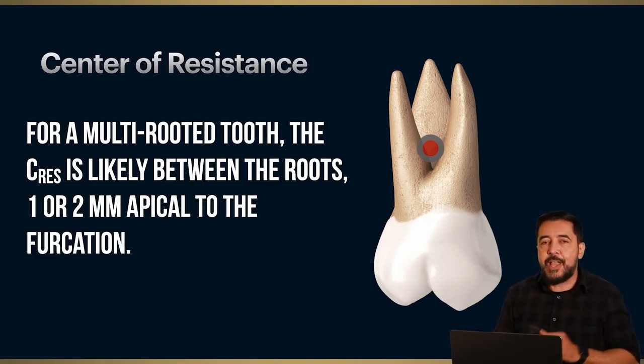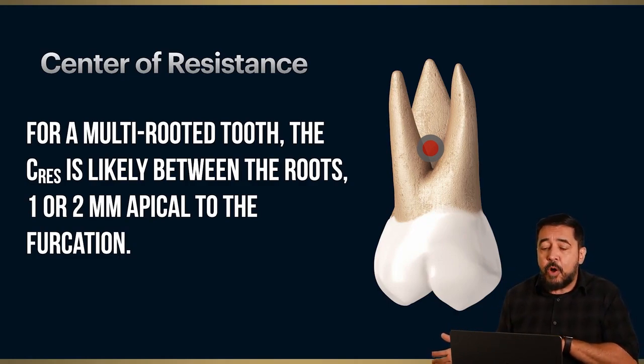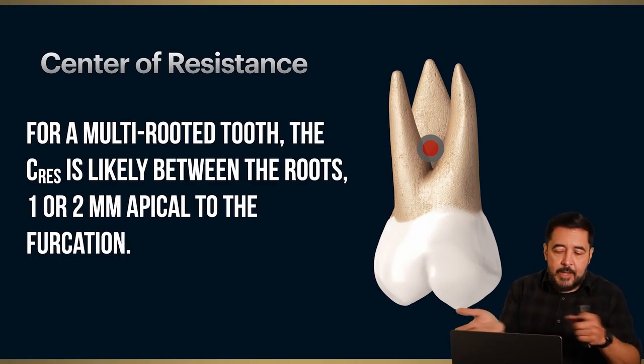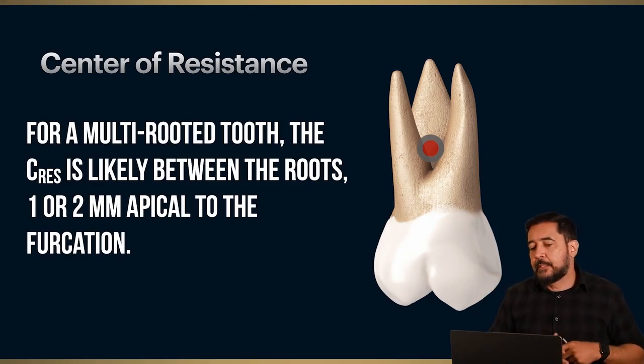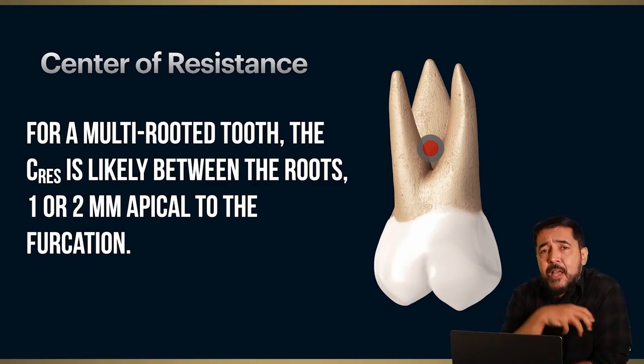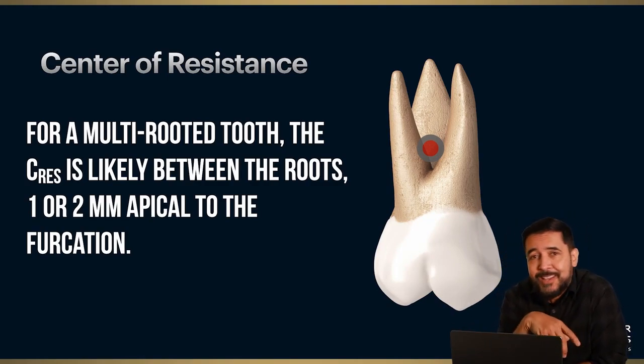We need to understand that we have differences related to many aspects of the tooth, like, as I told you before, the root area, the periodontal status, and the bone density, and many things related to that, because we are not applying a force in a free body, as I told you since the beginning.